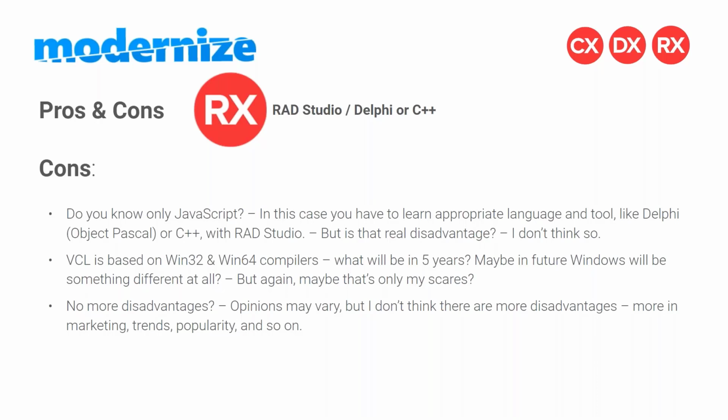VCL is based on 32 and 64 compilers, and what I can hear from somebody else is, what will be in 5 years from now with Windows?